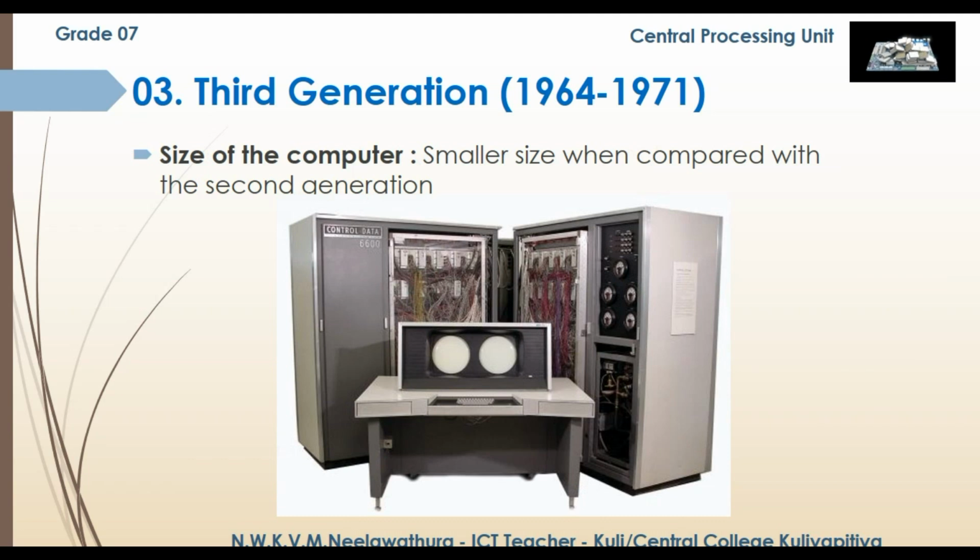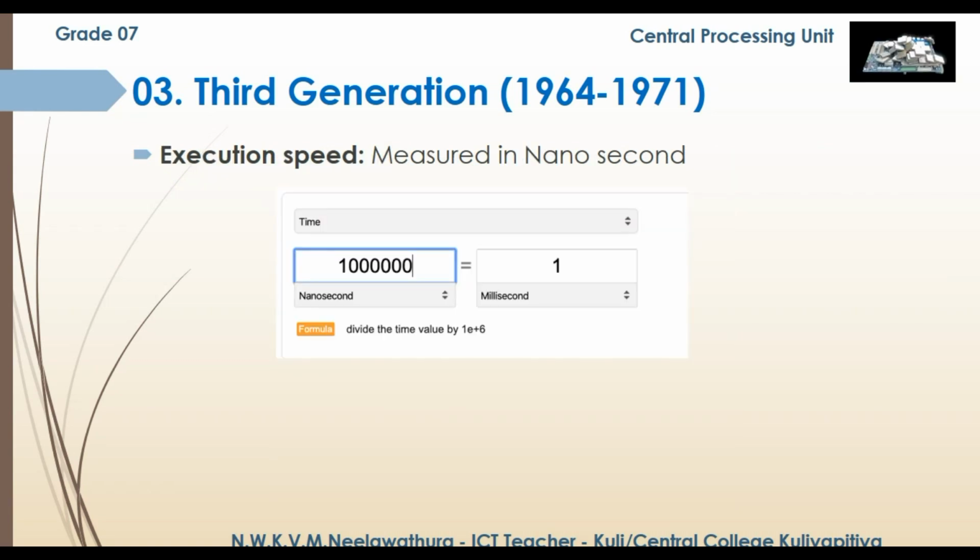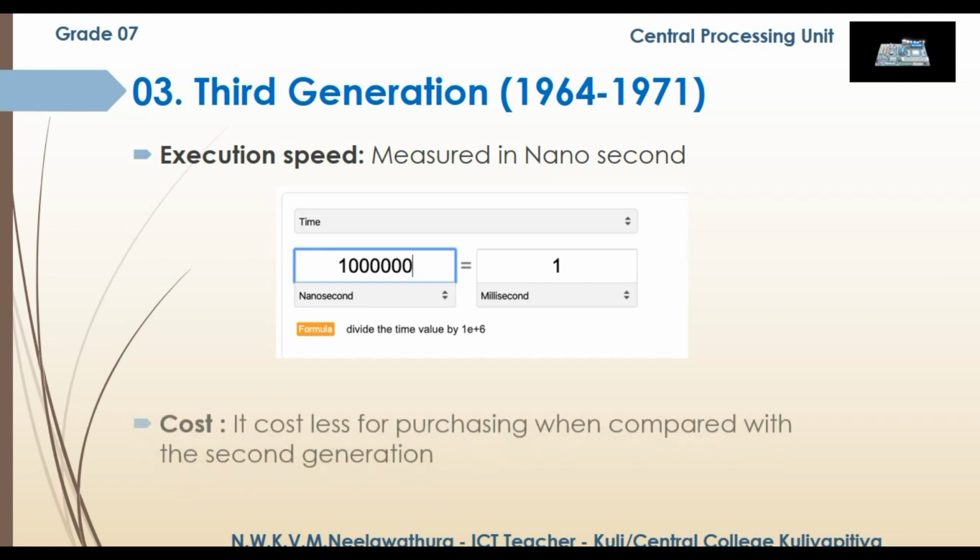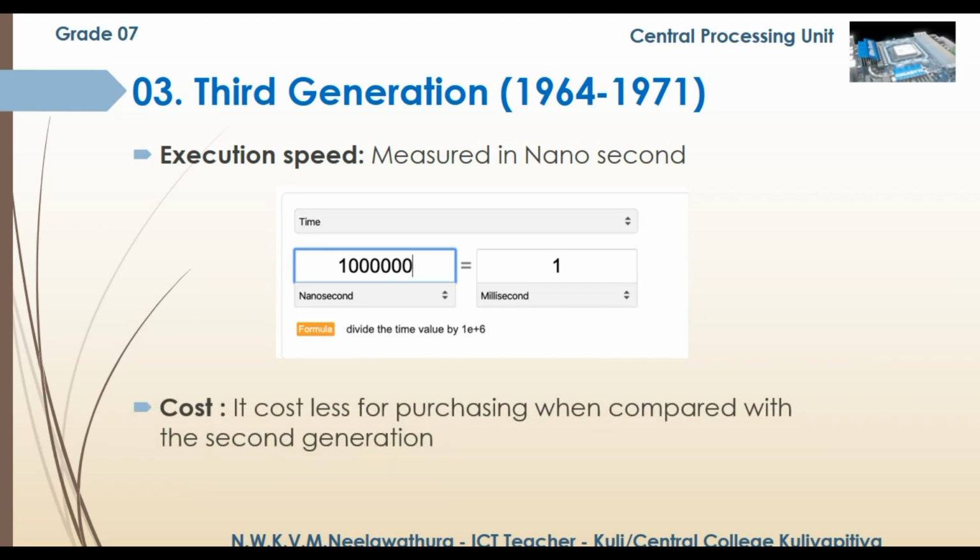Size of the computer: smaller size when compared with the second generation. Execution speed measured in nanoseconds. Cost: it cost less for purchasing when compared with the second generation.